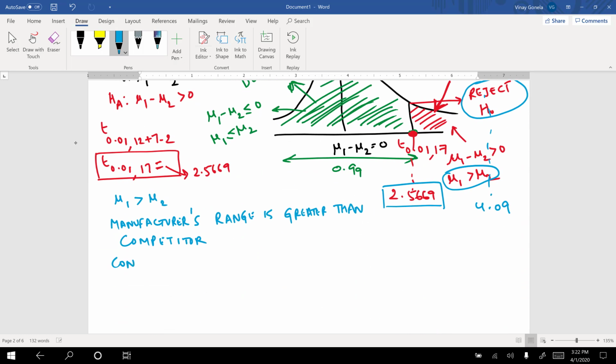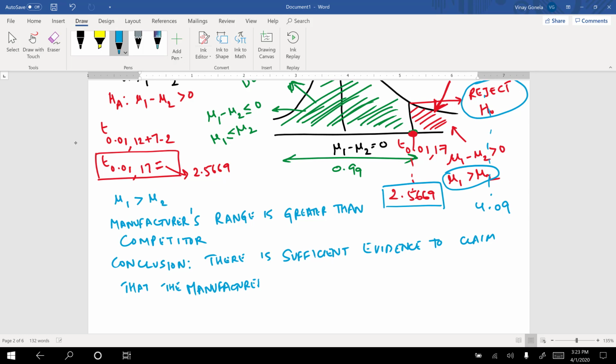So this is the conclusion we are going to make. There is sufficient evidence to claim that the manufacturer's range is greater than the competitor.